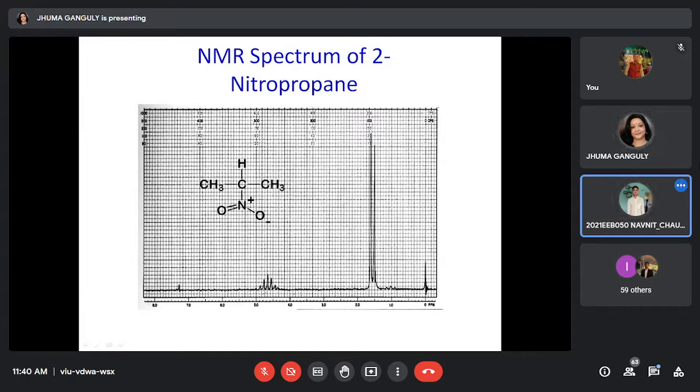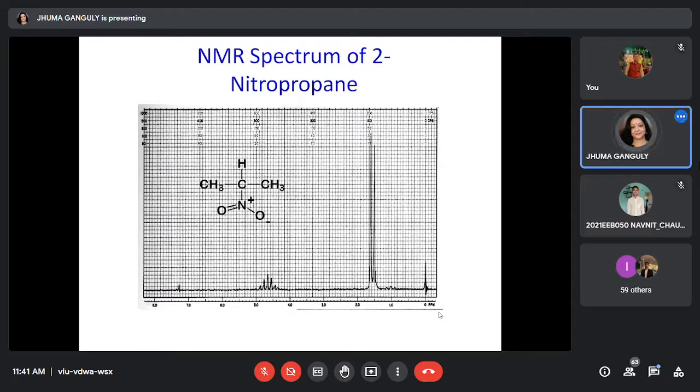But you see this intensity is far lower and the intensity of this peak is higher, because it involves 6 protons and here only 1 proton. You can integrate this value. NMR spectra also integrate the value and you can get a value equivalent to 1 proton, equivalent to 6 protons. All data you can get from NMR. Very simple thing till now.